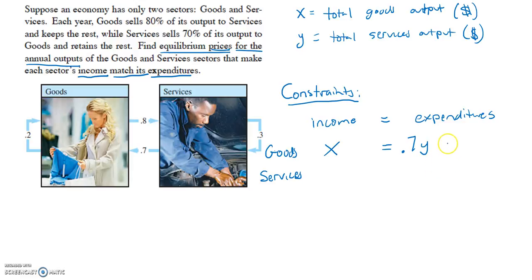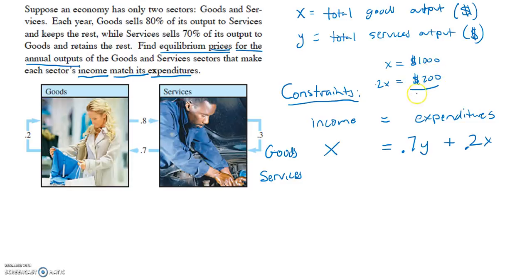so my expenditures just for that are 0.7 times Y. But I have more expenditures because, unfortunately, I'm not selling all X dollars of goods. I'm keeping 20% of them, so I have to absorb that cost. If I produce $1,000 of goods, let's say X equals 1,000, well, yeah, that's my income because I can sell that. Unfortunately, however, 20% of X, which would be $200, I'm soaking up the cost of that.